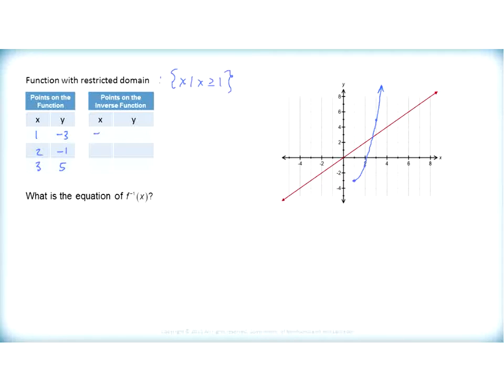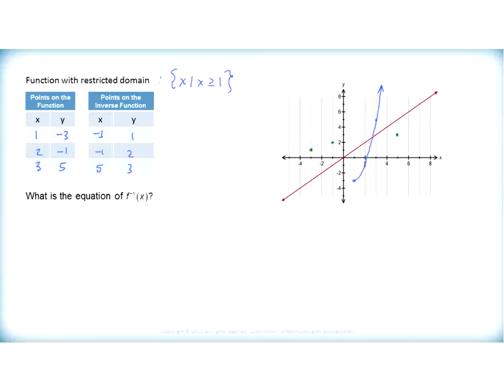The inverse will be, let's switch the table of values, and let's graph the points again and see what the inverse looks like. I got (-3, 1), (-1, 2), and (5, 3).